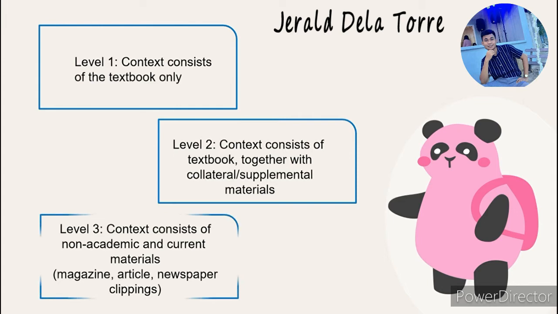Level 3. Context consists of non-academic and current materials like magazines, articles, and newspaper clippings. This includes the concrete, specific, actual, and immediate, reality versus theories, and leads to extensive discussion. In this level 3, the context consists of material in the form of non-academic and current discussion, which includes magazine articles and newspaper clippings.